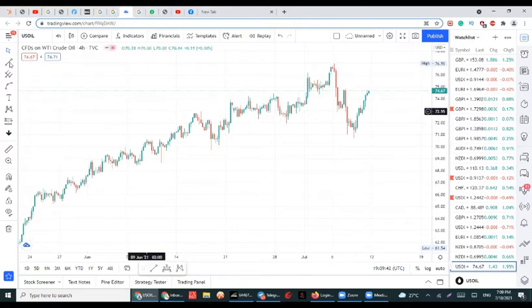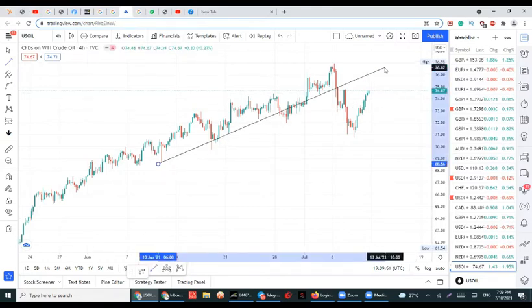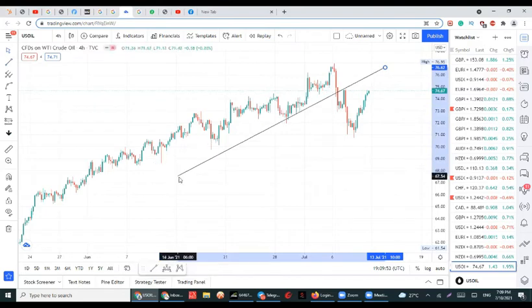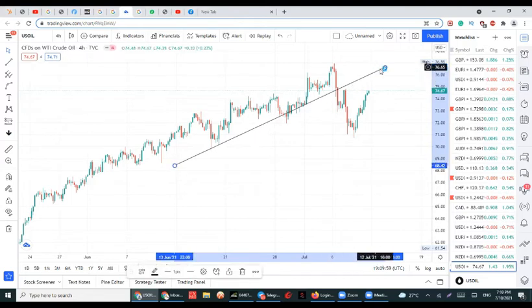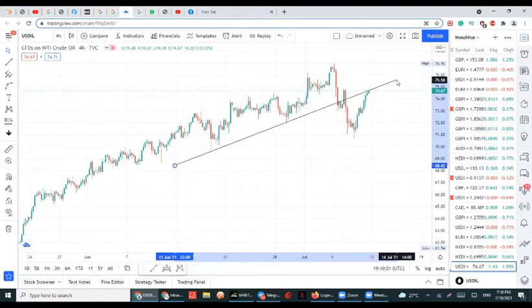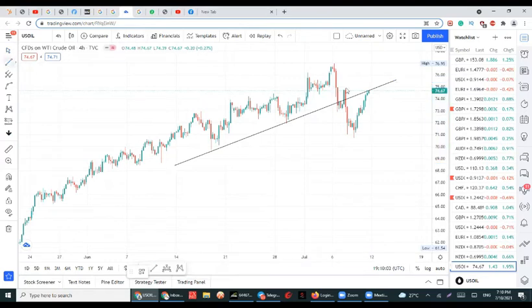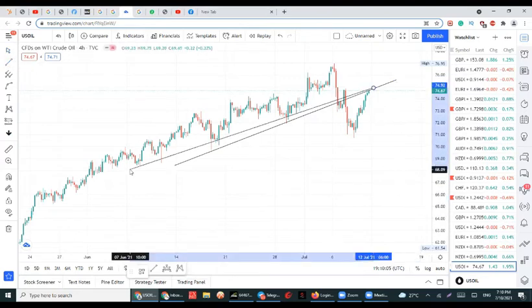Now, as we can see, we had this whole thing taken out of the equation, and then price is also pushing back again to see what we can do over here. If this is the case, we expect that price will continue to sell all the way to these particular zones.